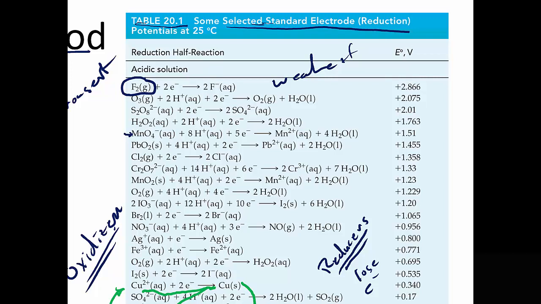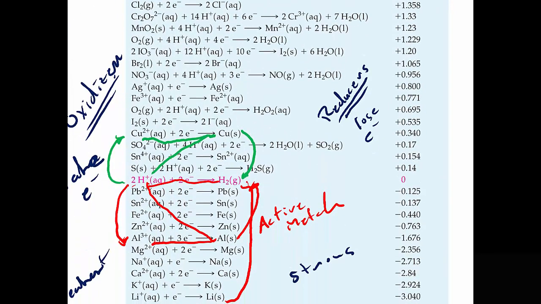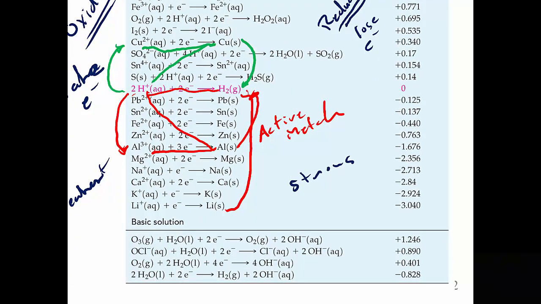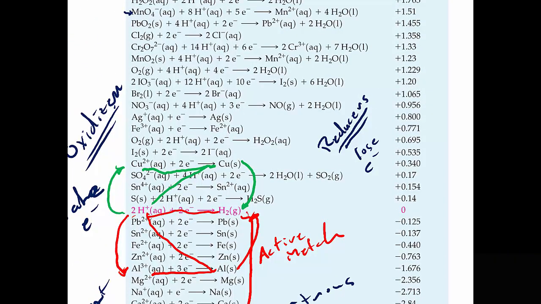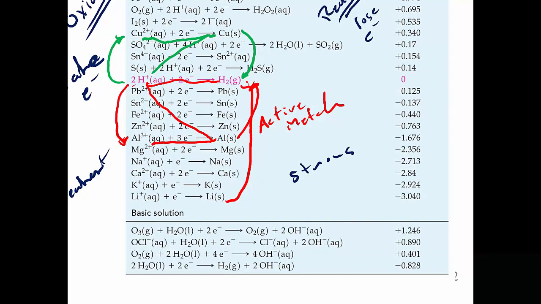But when I look at plus 1.763, I can keep going down, and then I see it again at plus 1.229. So which one should I use? Should I use the 1.763 or should I use the 1.229? And the answer is use the stronger of the two. Which one's stronger? Well, where's the strongest reducer? Is it at the top or the bottom? At the bottom. And so I'm going to use the 1.229. That's stronger. And so that's the one we'll use.